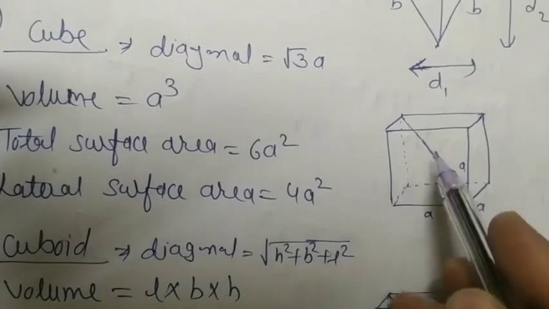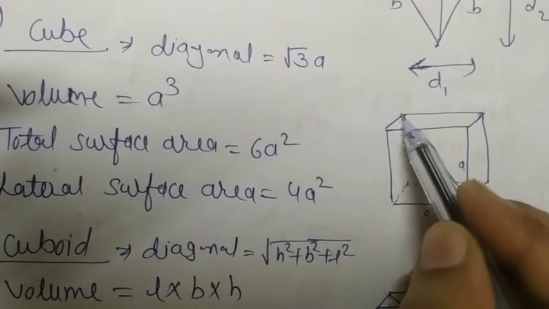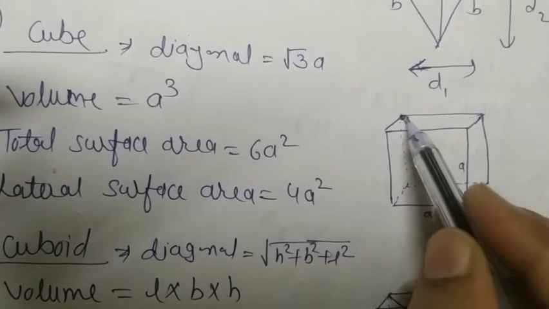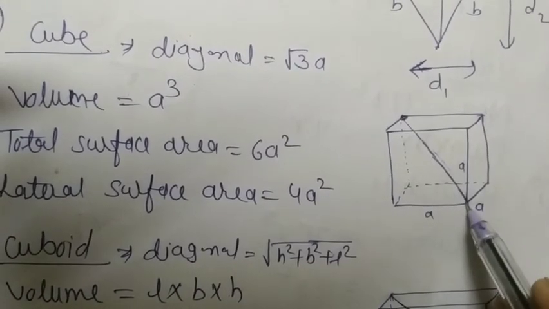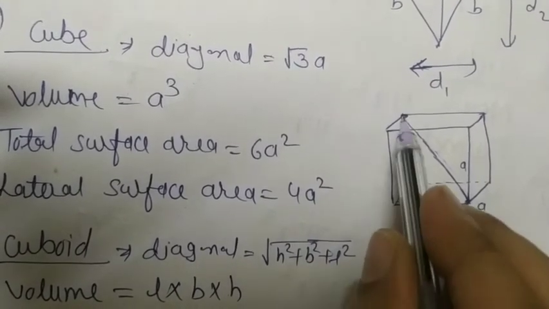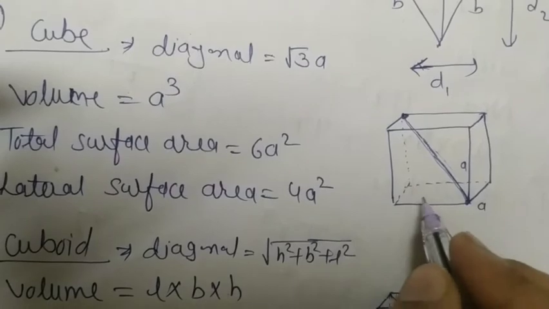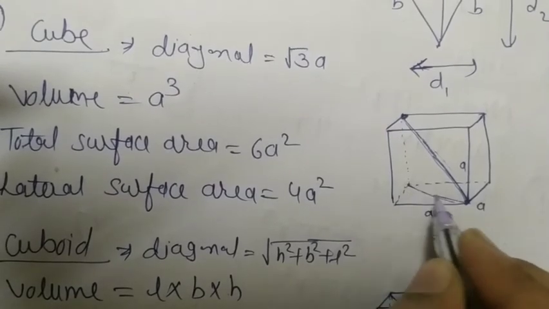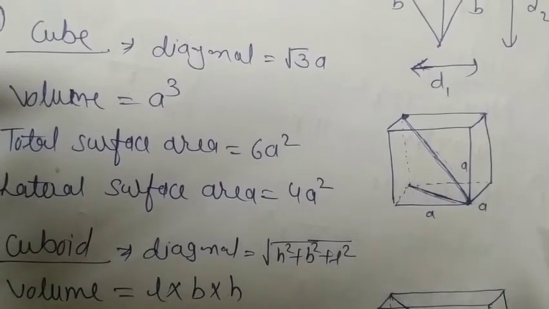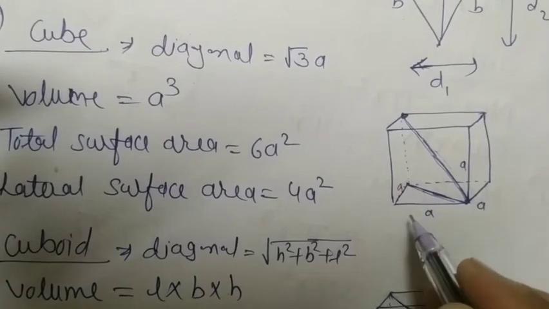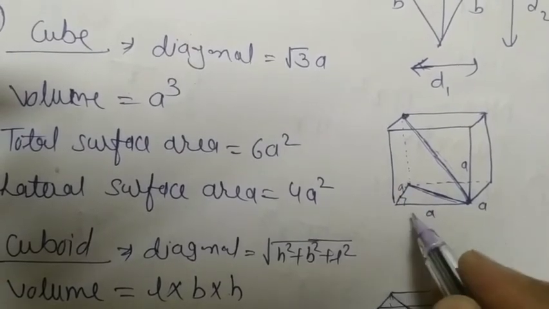The diagonal of the cube, suppose from this top corner to this front corner, will be equal to root 3 a. Suppose I am connecting both of these. This is A, this is A, this is 90 degree angle.